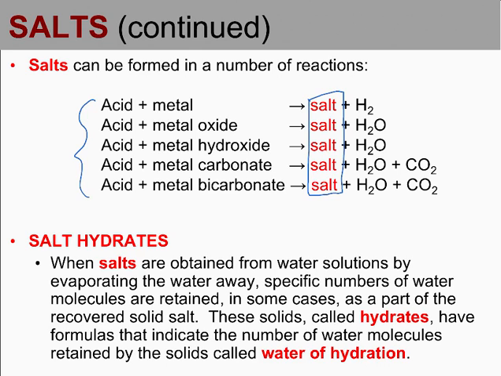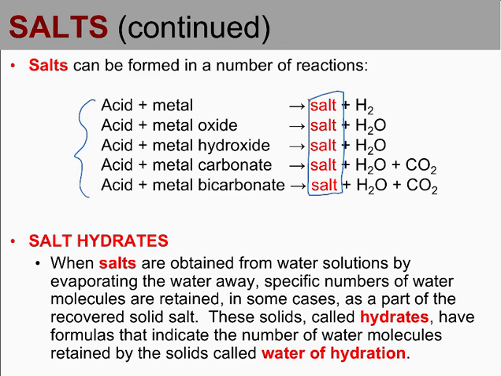Now, in addition to these salts, we could have something called a salt hydrate. So when salts are obtained from water solutions by evaporating the water away, specific numbers of water molecules are retained, in some cases, as part of the recovered solid salt.